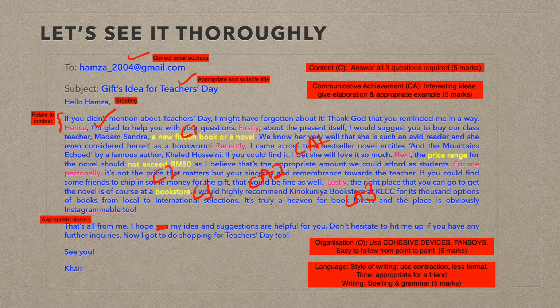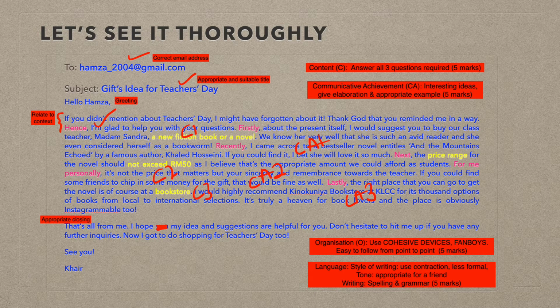And also FANBOYS. FANBOYS are the link words like for, and, nor, but, or, yet, so. You may use these link words in your sentences.